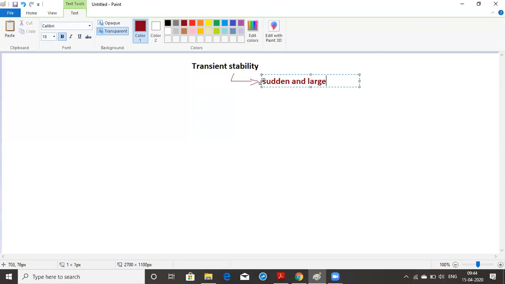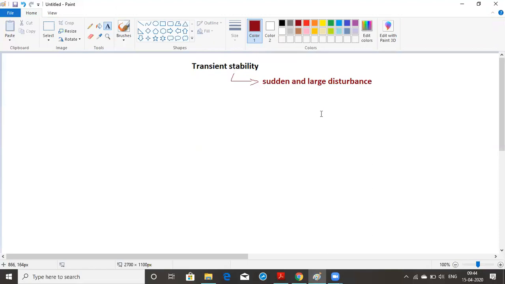I have told you that depending on the type of disturbance we have categorized the stabilities. If it is a slow and gradual disturbance, we call it steady state stability. If there is a sudden and large disturbance, we call it transient stability.